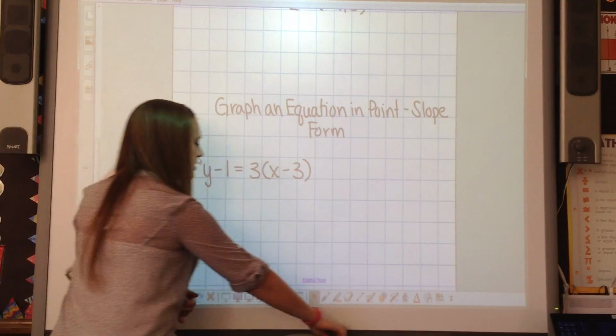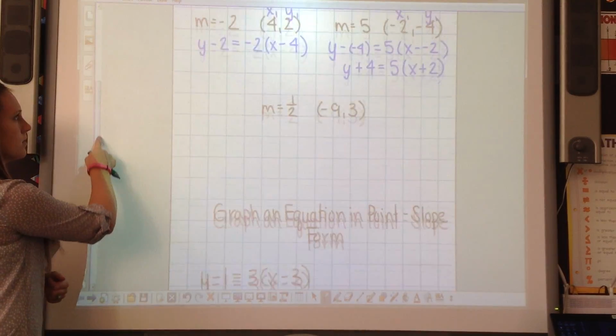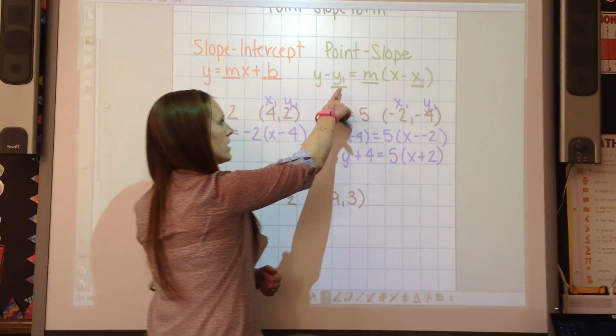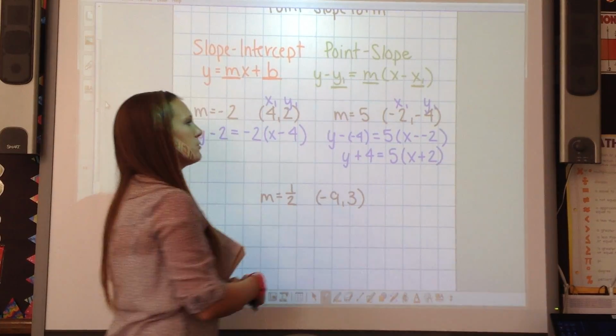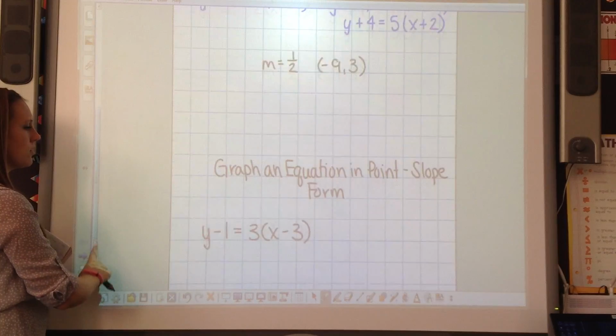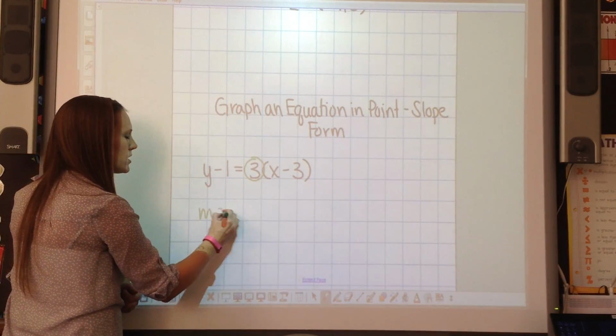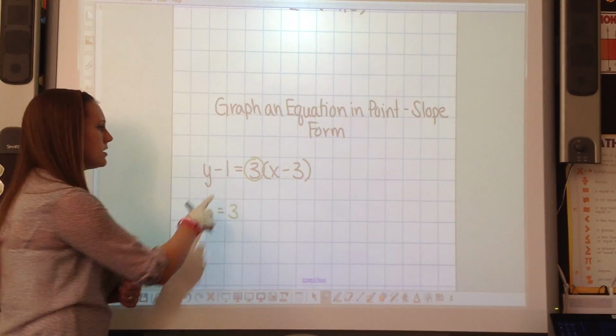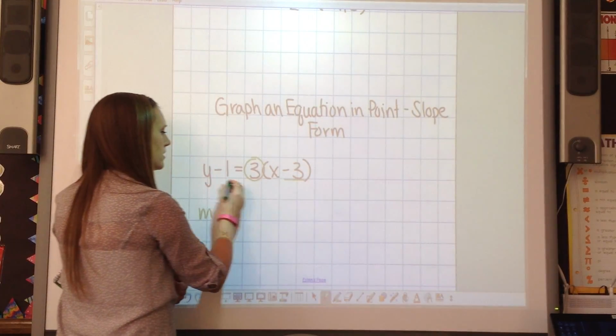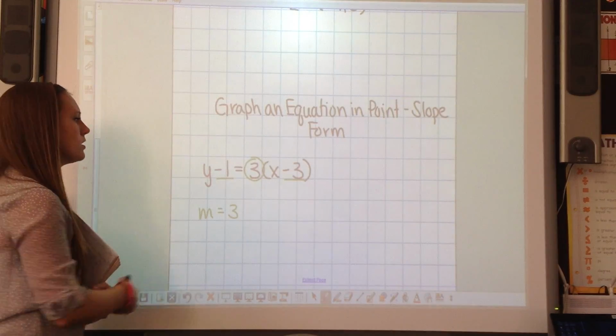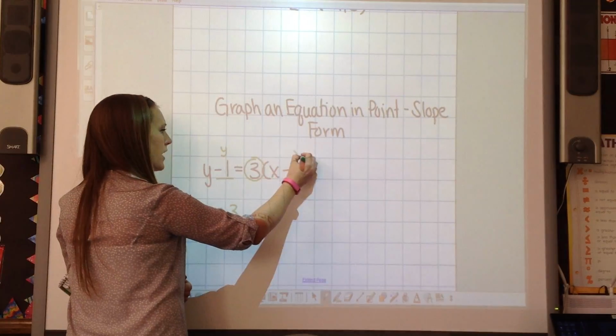So remember at the beginning, I told you that the subscripts are an ordered pair and that the m is a slope. So right here, this tells you that we have a slope of 3. And then these numbers right here are your ordered pair. This is your y value, this is your x value.